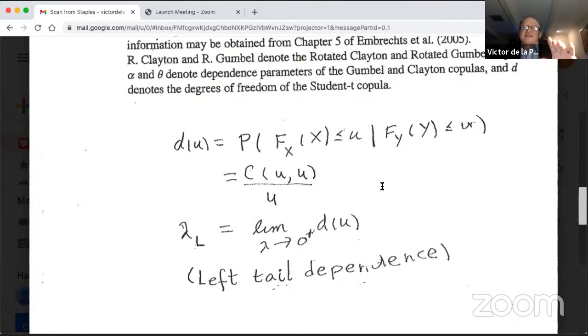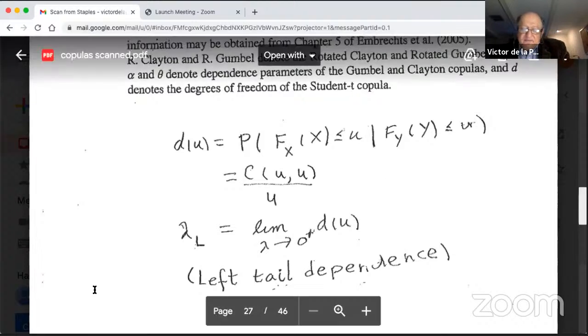There was a person whom I know personally, his last name is Lee. He came up with the method of joining different debts into baskets using a Gaussian copula. And there was an article in the Financial Times about the formula that killed Wall Street. So this is talking to Paul's issue.